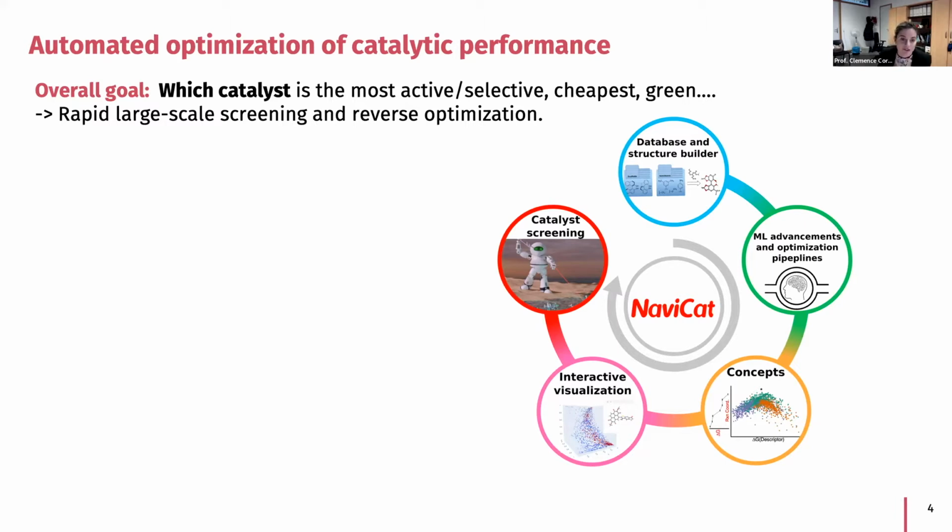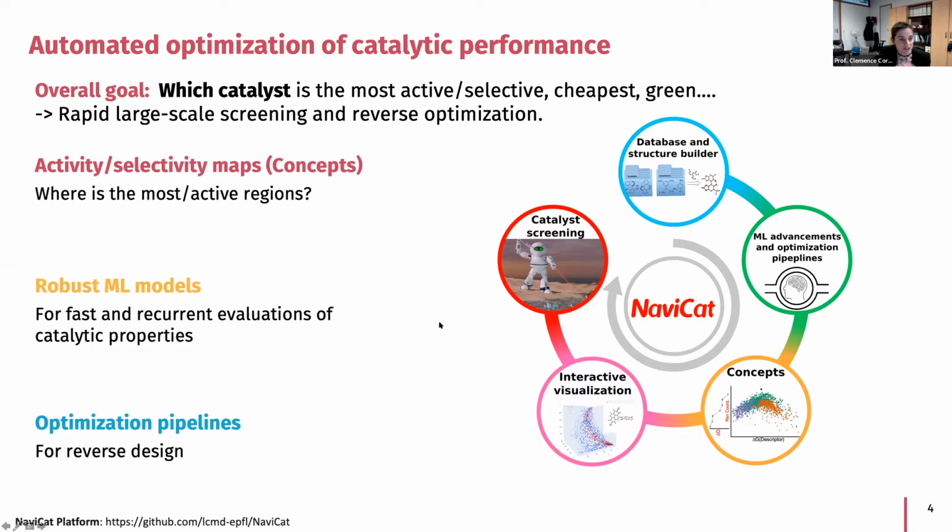The components of this framework that I'm going to discuss today are what is listed here. The first one is what I call the concept, and that will be the most important, I would say. This concept will enable us to define, using our strategy, which region in a landscape is the most active or the most selective.